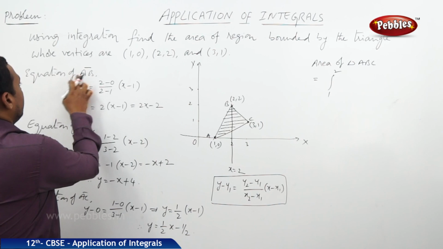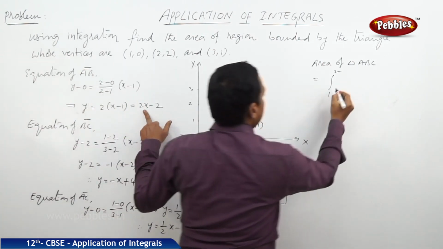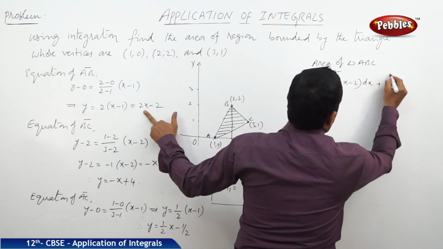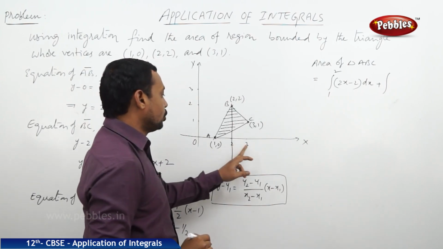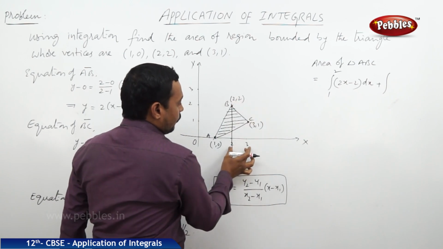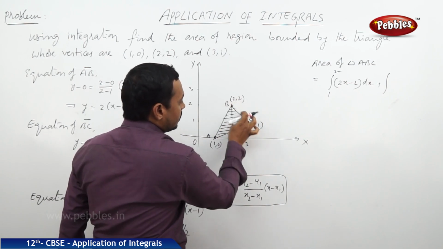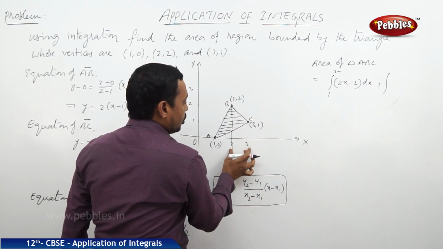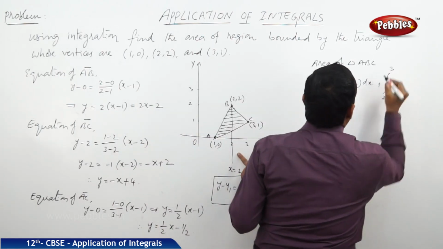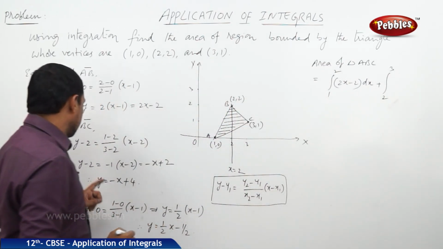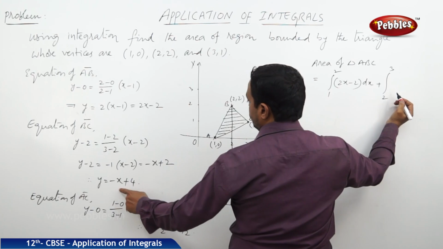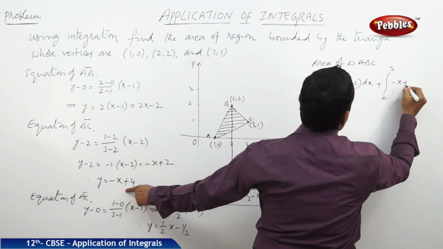So here the straight line AB is equal to 2x minus 2 dx, and plus now from 2 to 3, here the curve is BC. So find the area of the region bounded by the straight line BC between x is equal to 2 and x is equal to 3. That is integral 2 to 3. Now what is the equation of BC? That is minus x plus 4. Y is equal to minus x plus 4. So that y is equal to minus x plus 4 dx.